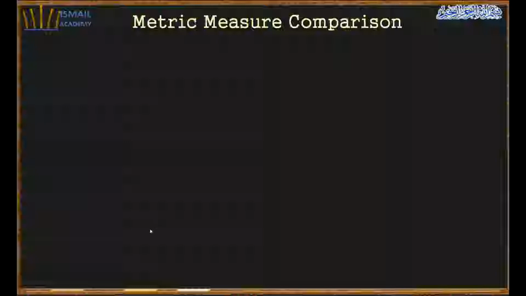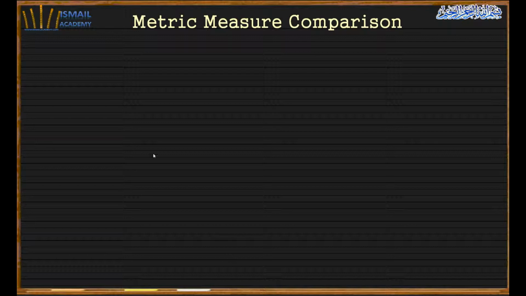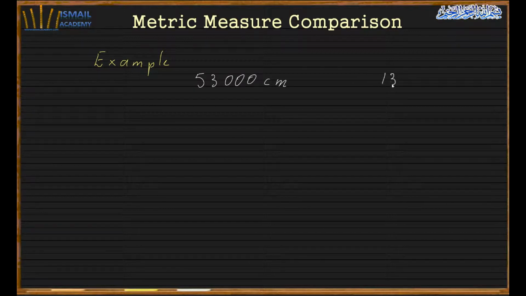So for example, let me start this lesson with an example, so at least you will see the idea, and I will talk about the example. So suppose I want to compare, for example, 53,000 centimeter and 13.5 hectometer. It's not because I have here 53,000 and this is 13.5.